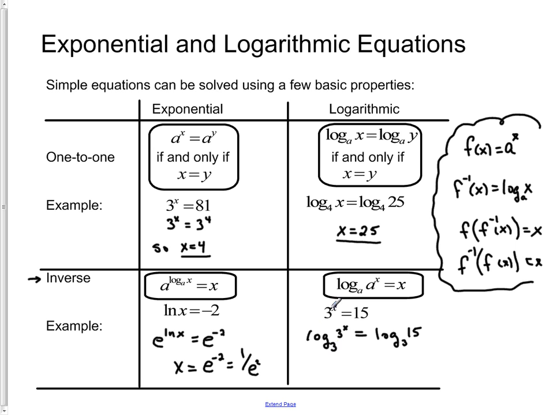Again, we're using our one-to-one logarithm property, because if I take the logarithm on the left, it will be equal to the logarithm on the right. But in this case, we have the advantage of that exponent x being left when we take the logarithm base 3 of 3 to the x. They're inverses, and we're left with logarithm base 3 of 15.